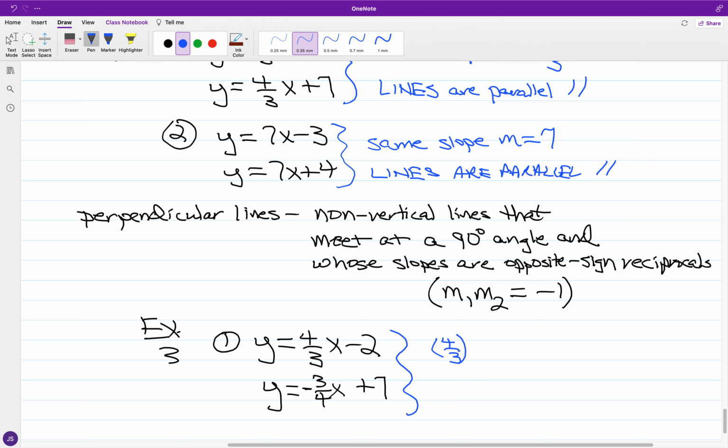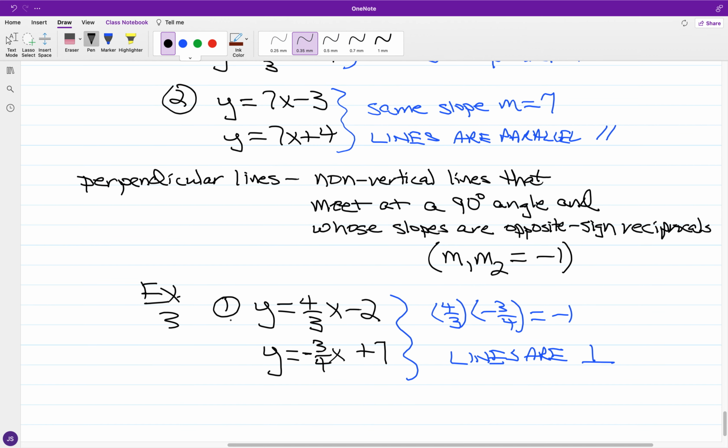So we have 4/3 times -3/4 is going to be equal to -1, and so these lines are going to be perpendicular, and the shorthand for perpendicular is going to be an upside down T.